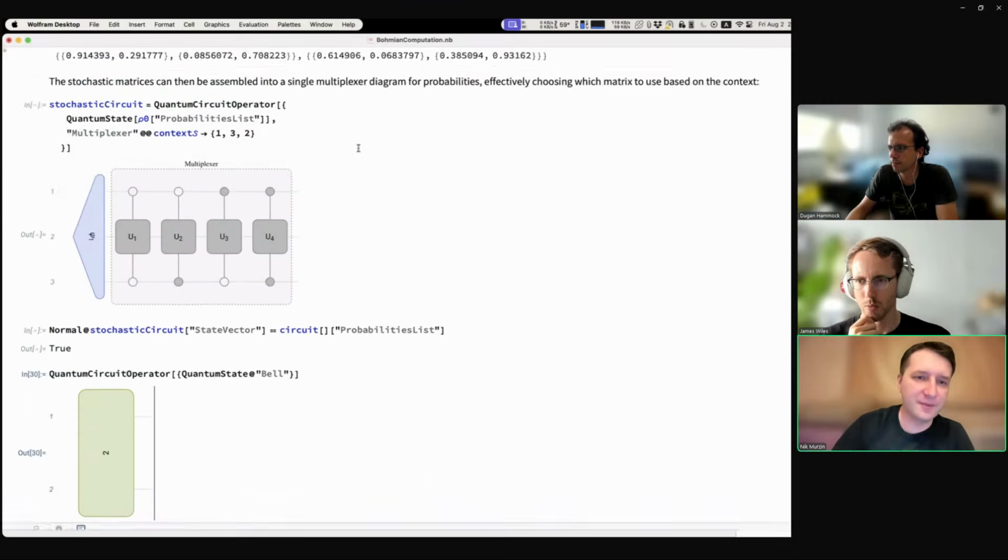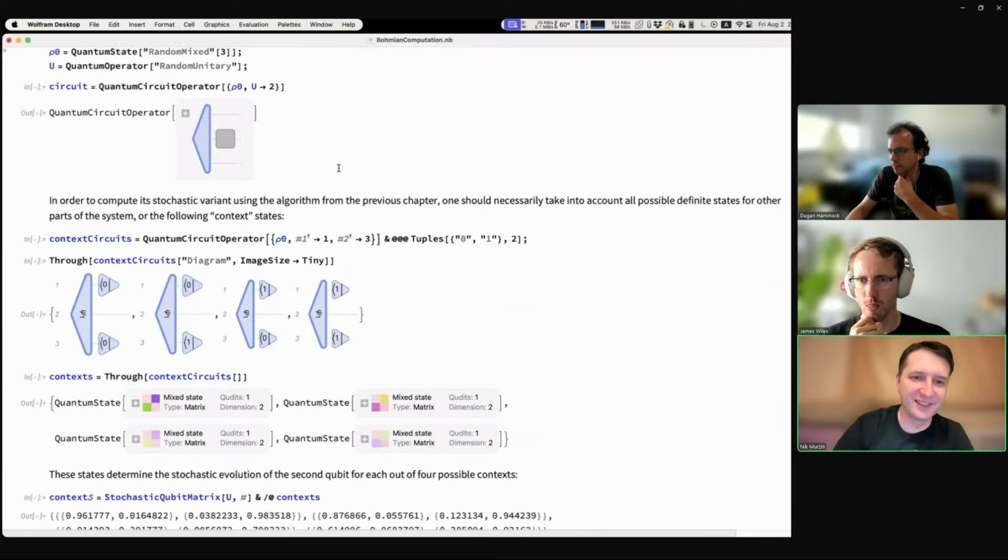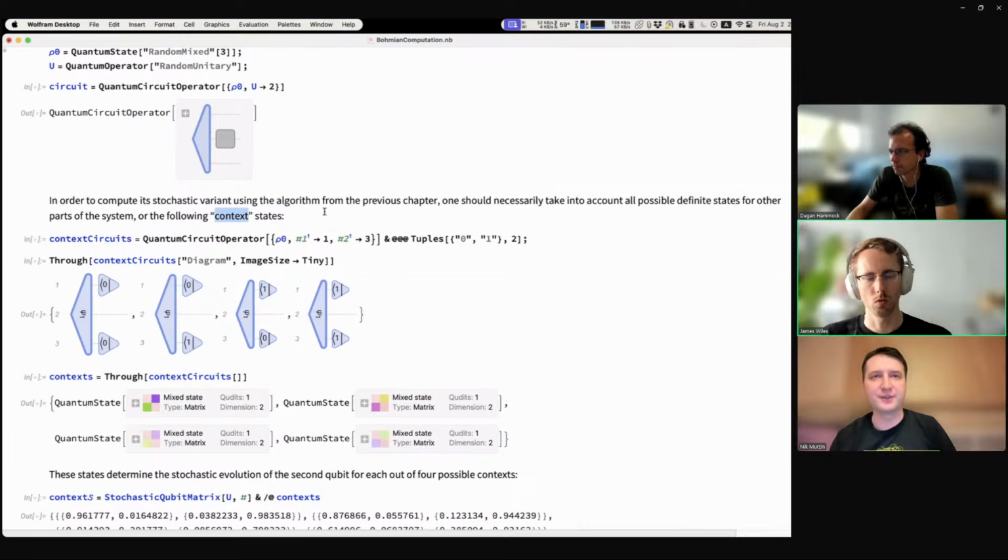Well, here maybe I'm even confusing further by calling this a context, because what people usually mean by context is your measurement settings. For example, if you have your usual setup of Alice and Bob measuring their corresponding particles in the Bell entangled state, they have some settings involved, measurement basis choices, right?